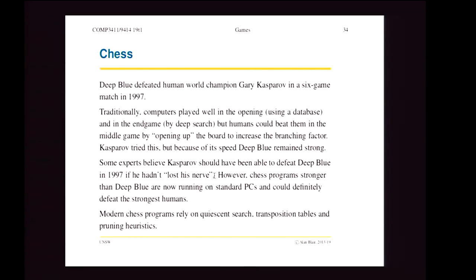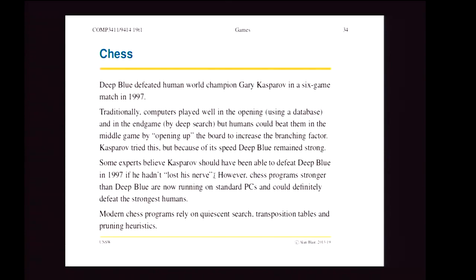And the strategy that the humans used to beat the computers was to open up the board. The idea is I want to make the branching factor as big as possible, because if the branching factor is large, the opponent will only be able to search 7 moves ahead. If the branching factor is small, they'd be able to search 10 moves ahead. That kind of worked, but then when Kasparov played Deep Blue, you can see him trying to do that.